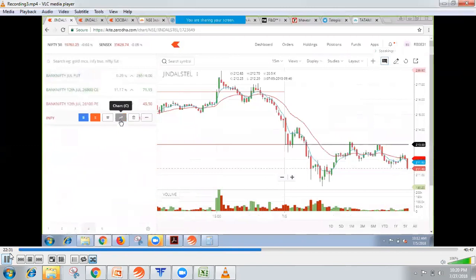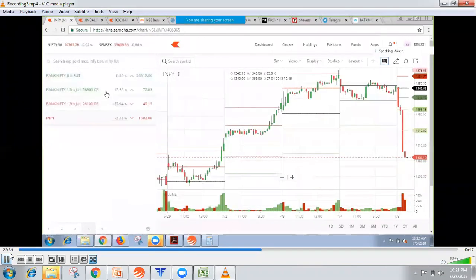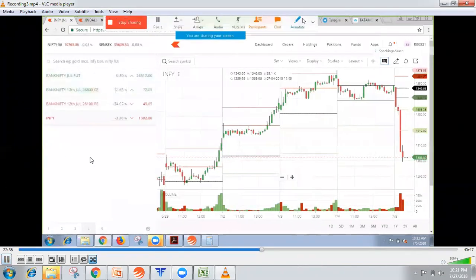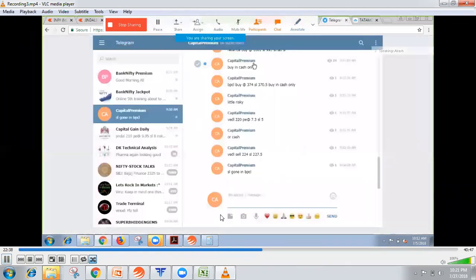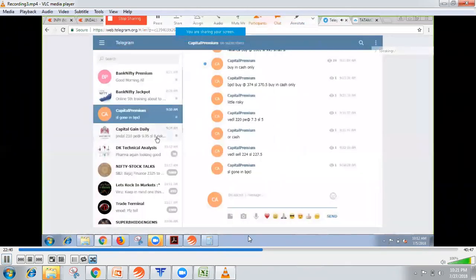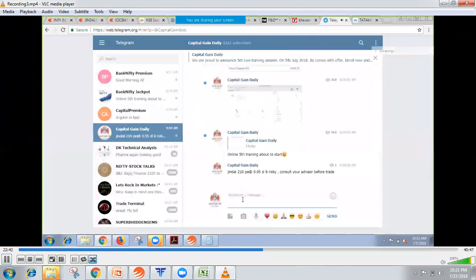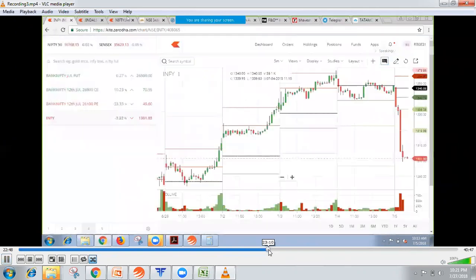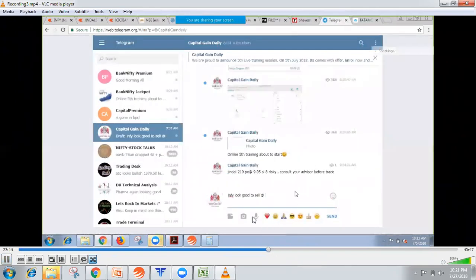We will take all calls on this. So we gave a call here at 1302 to sell, and the same thing, I gave a call here to all my followers, and then it made a low of near about 1368. So this way you have to use it.